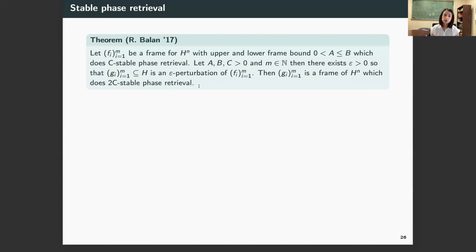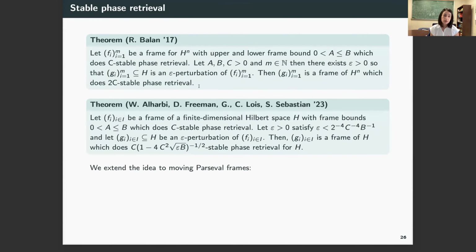And what we were able to show is that we can remove this condition on the dimensionality, and we can say for any frame in a finite dimensional Hilbert space, the perturbation would do stable phase retrieval as well, with a different constant.